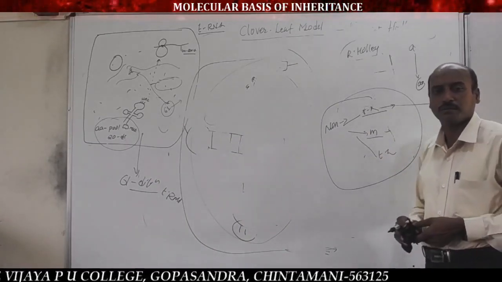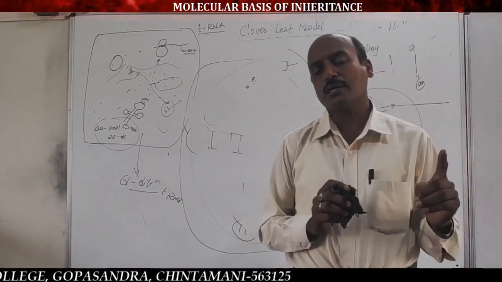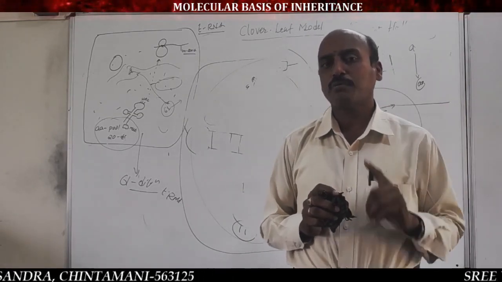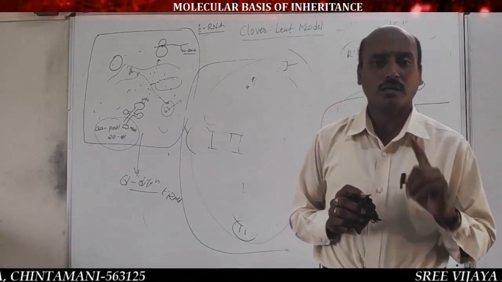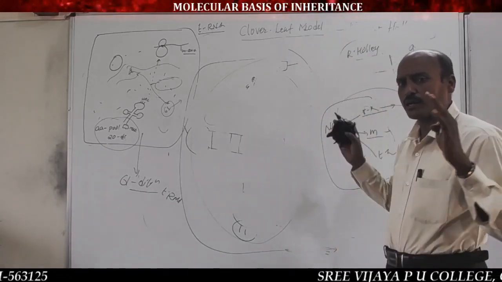So till here we have seen the different types of RNAs, like genetic RNA and non-genetic RNA. That is the second type of nucleic acid: rRNA, tRNA, mRNA, totally the RNA world.